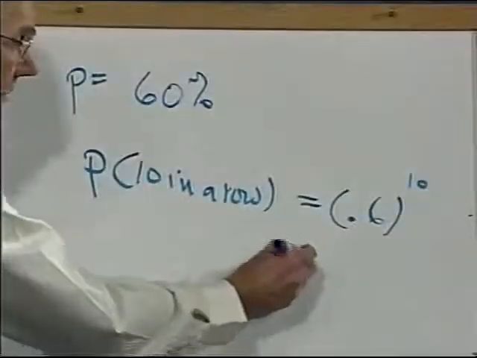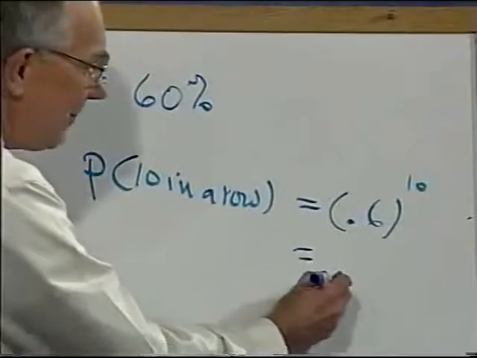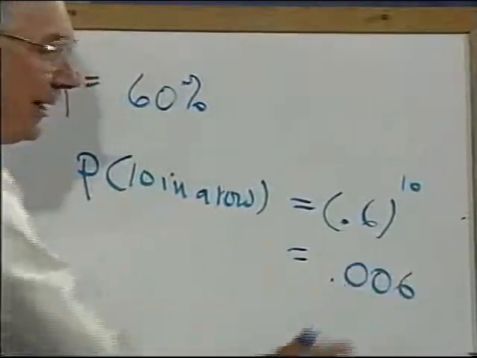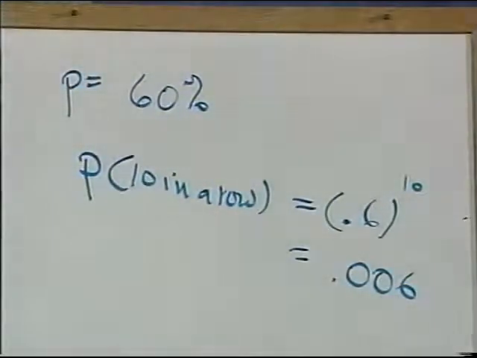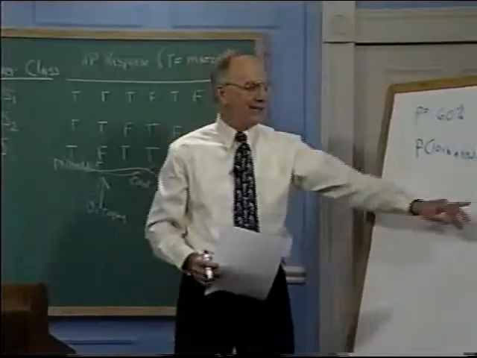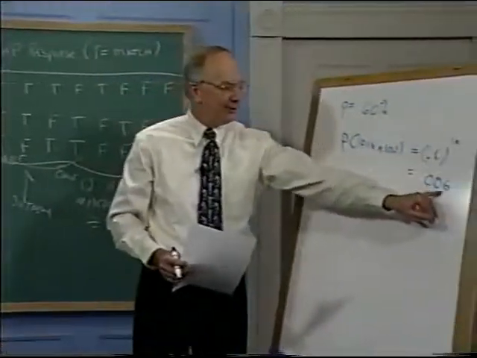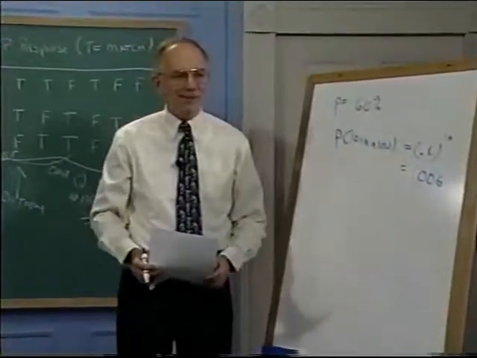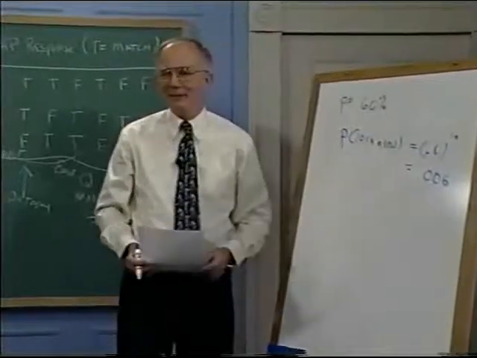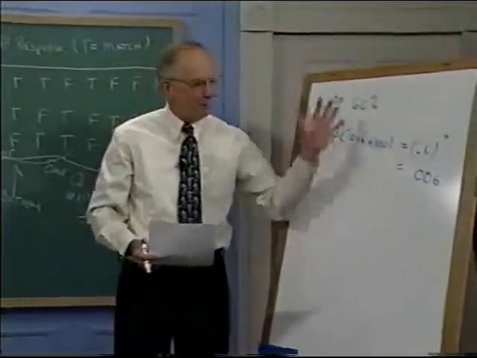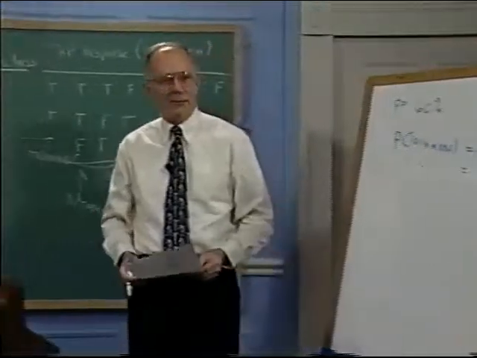And the answer, if you do it, is about 0.006. So I won't do it in 100 tries. I'll do it 6 times in 1,000 tries if indeed I fit the probability profile pattern that I've described.